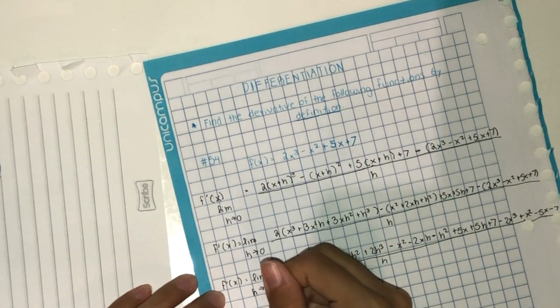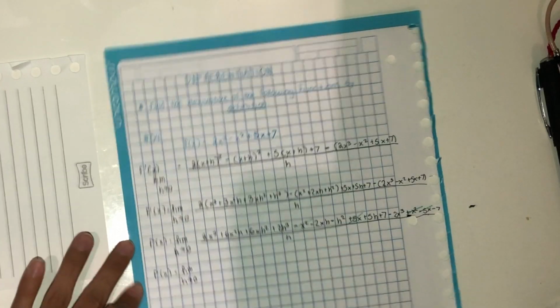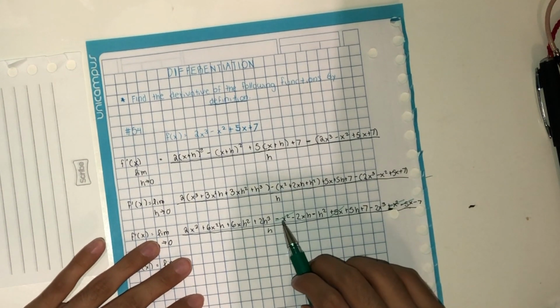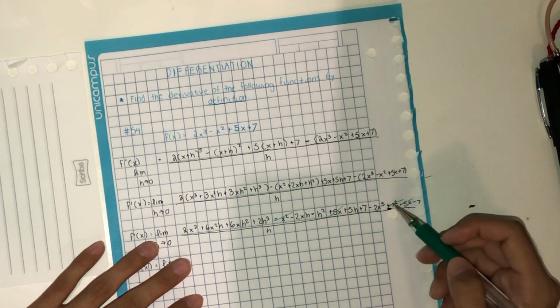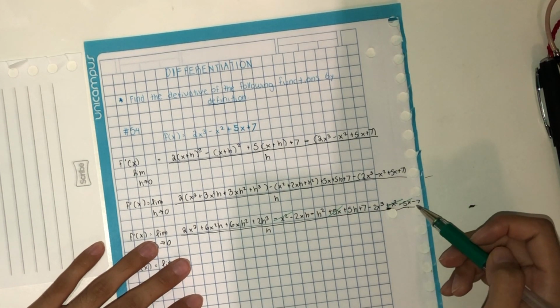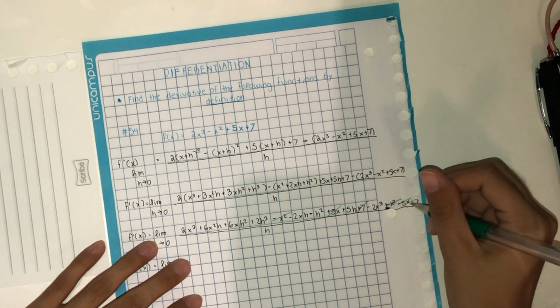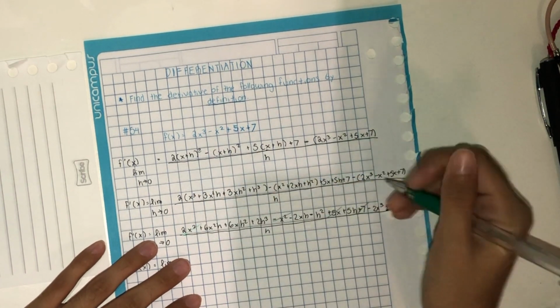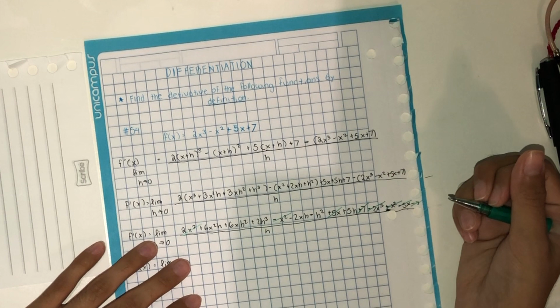Now we need to cancel. So now it's time to cancel. Here we can cancel negative x squared plus x squared, 5x minus 5x, 7 and negative 7, 2x cubed and 2x cubed.